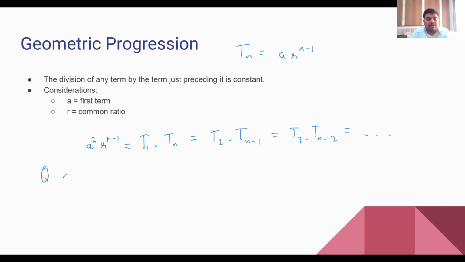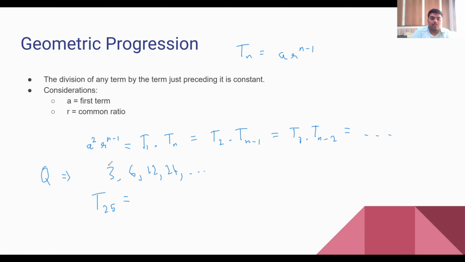Let us say we have a question which says that the terms of a GP are 3, 6, 12, 24, and so on. Find T25.